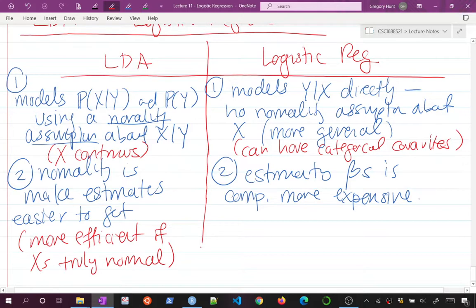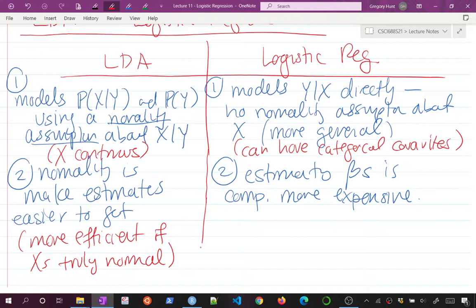The rule of thumb is that if the normality assumption is true, LDA is going to be something like 30% more efficient. So you'd have to have, say, 30% more data to get as good of an estimate with logistic regression. On the other hand, if you have categorical covariates, x's that also include things that are categorical, you probably don't believe the normality assumption. You're probably not losing that much going for logistic regression. It's a little more general, although it's a little more computationally expensive.